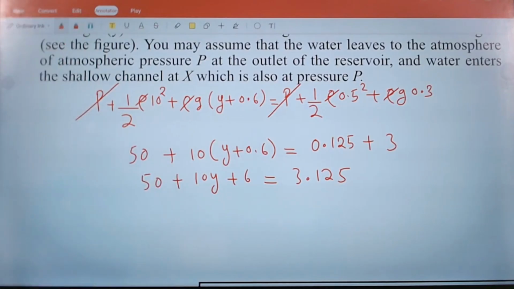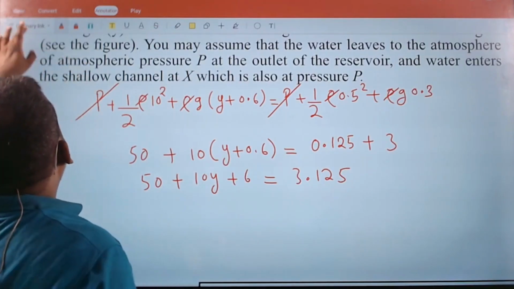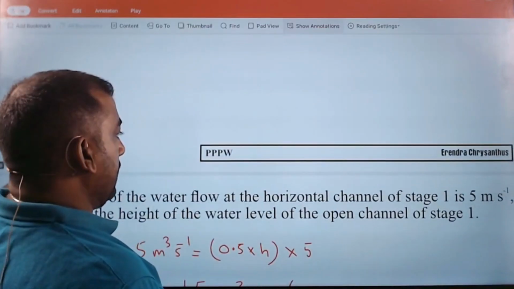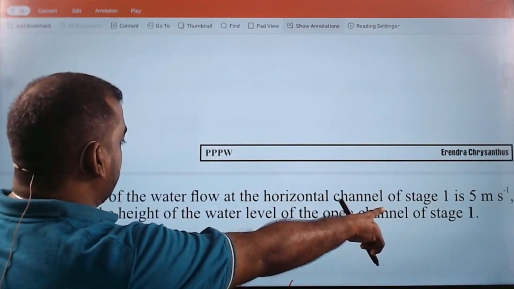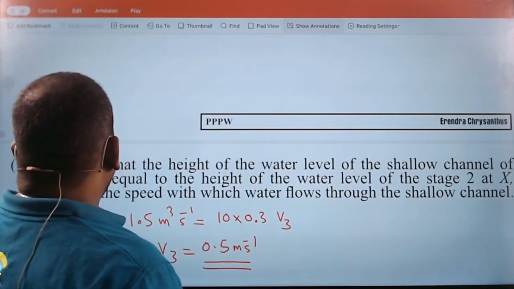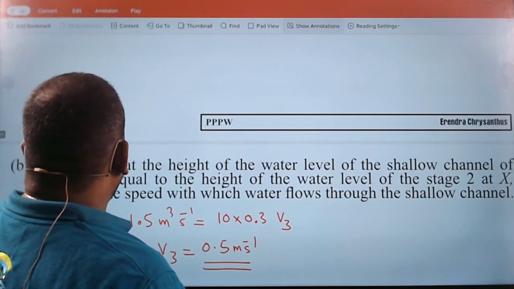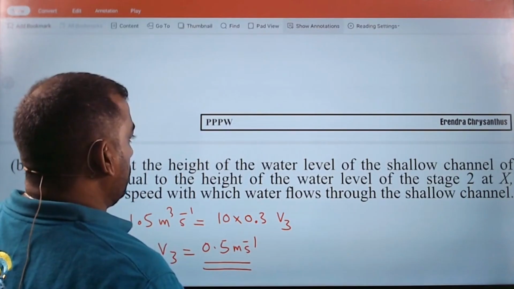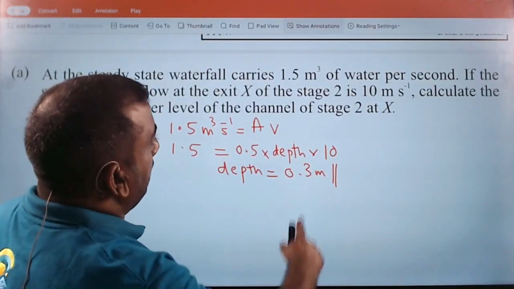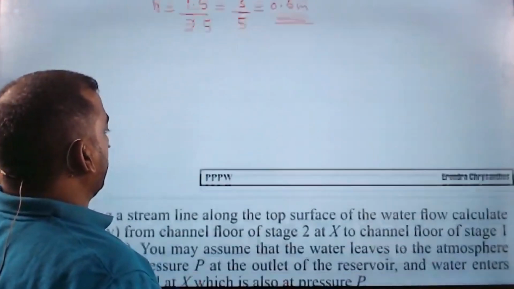Check the velocities again. Stage 1 is 5. Stage 2 is 10. Small correction here.